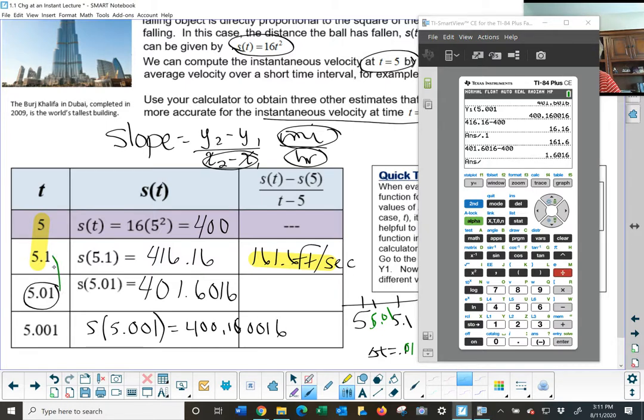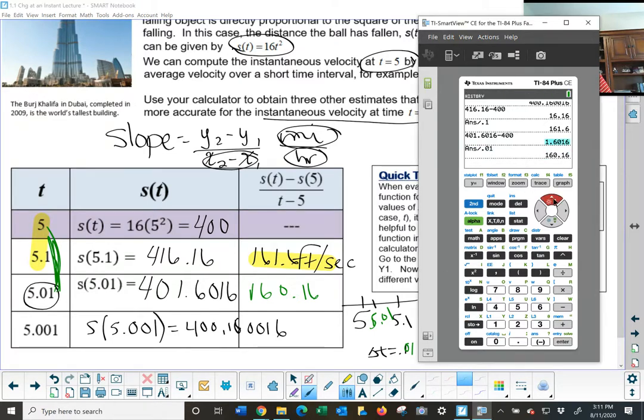The change of time between these two is 0.01. So 0.01, and I'm at 160.16 feet per second.